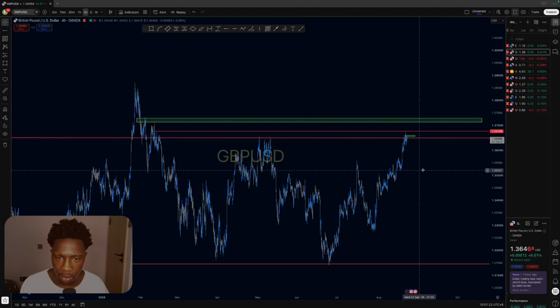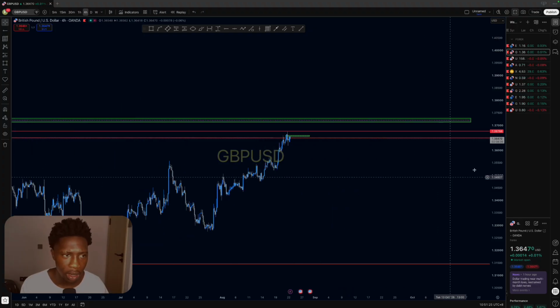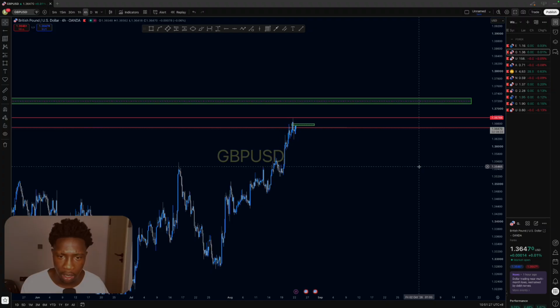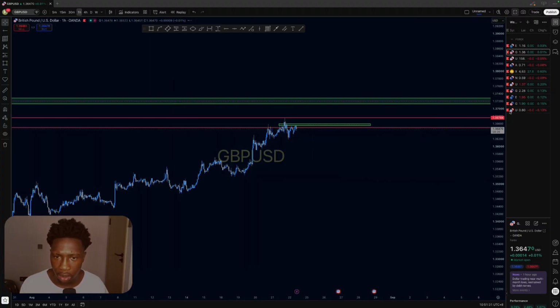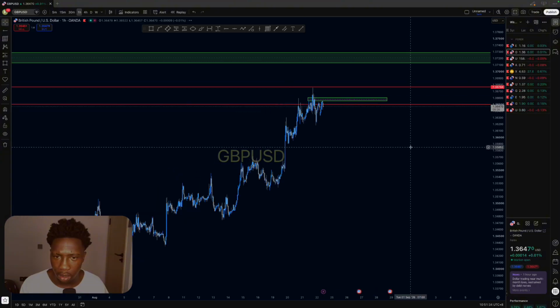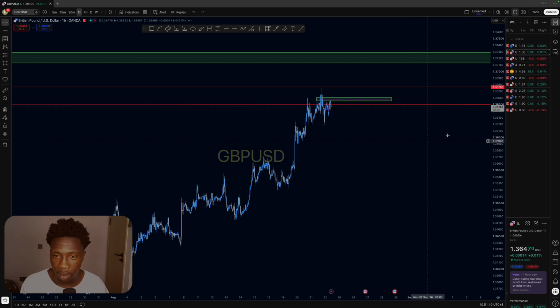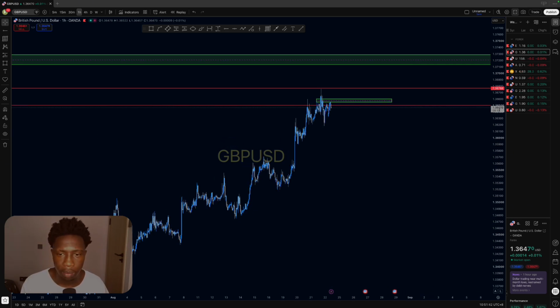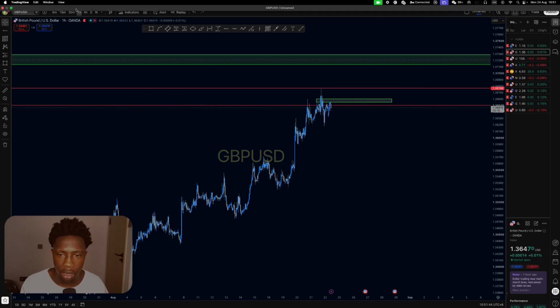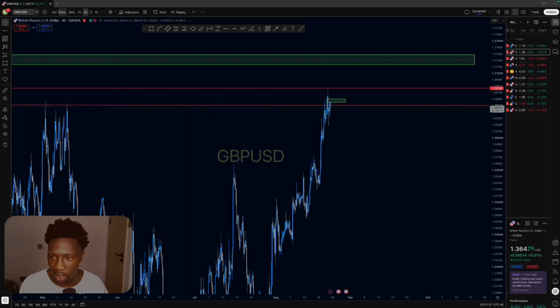Starting to open trades right here, I think it is a bad idea, but I think I'm able to see a possible trade that I can take to the downside.